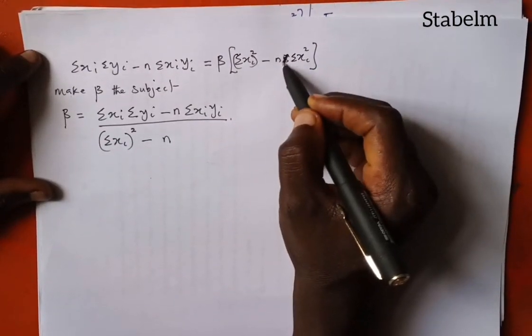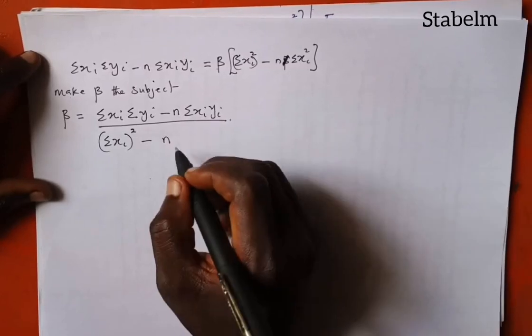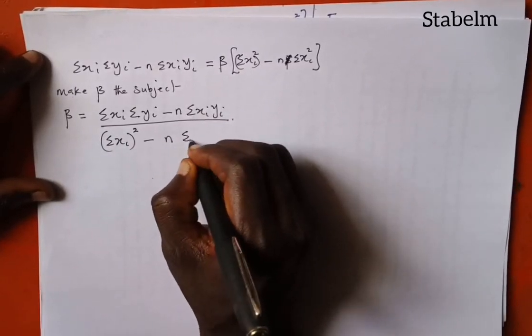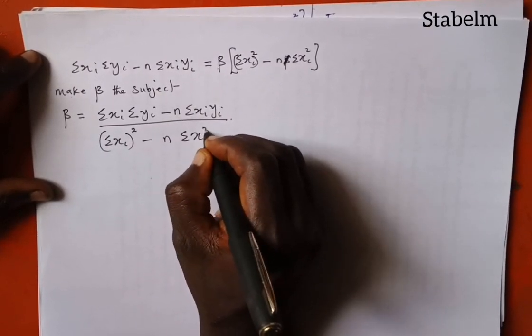Sorry, we've already factorized beta from here, so we have summation xi square minus n summation xi square.